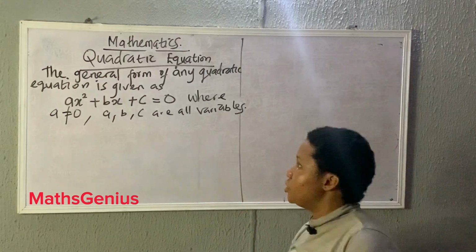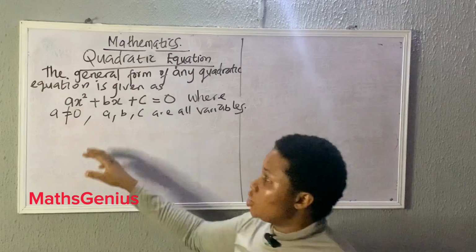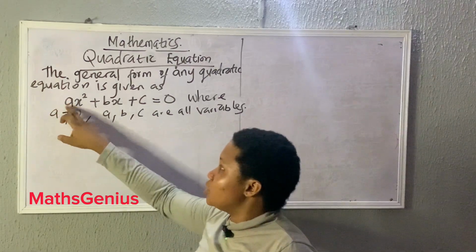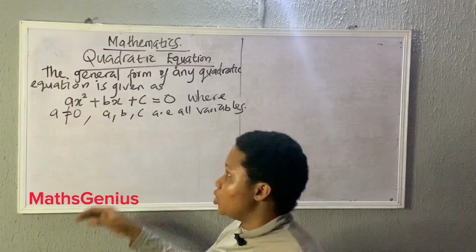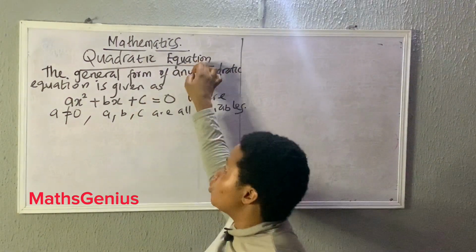A, b, c are variables, but our a is not equal to 0. Why? Maybe you say a is equal to 0. 0 times x squared will give us what? 0. Then it becomes a linear equation, no more a quadratic equation.